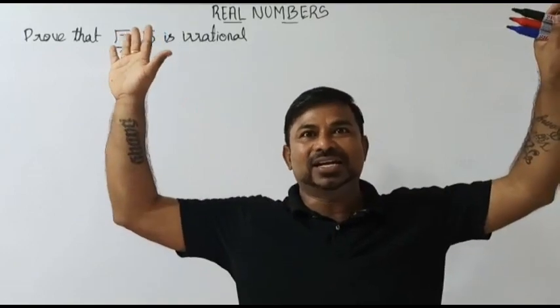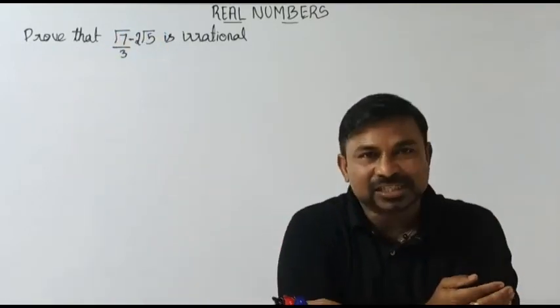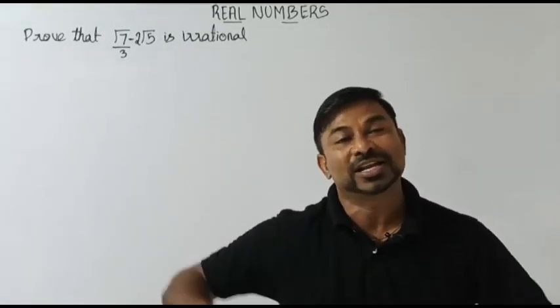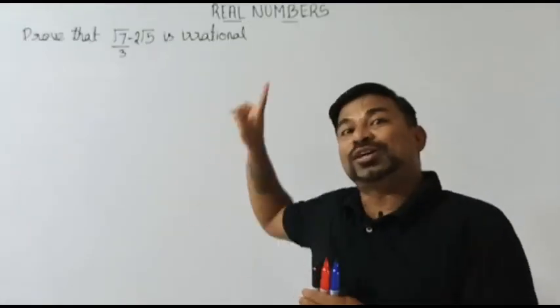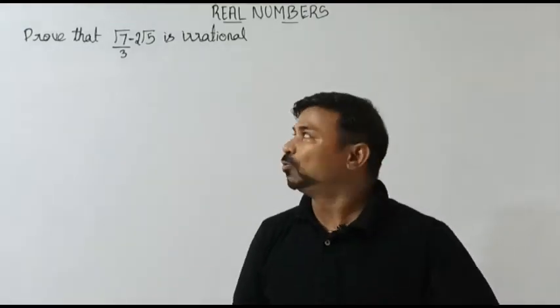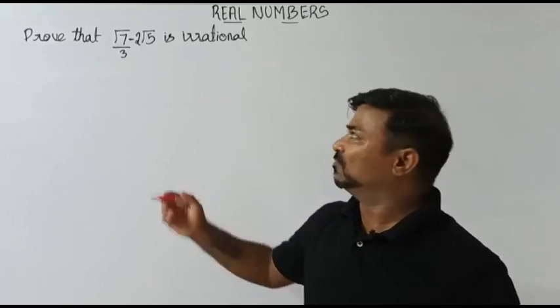Then we accept our assumption as wrong, and say that what we assumed is wrong and what was asked is right. That is the way of proving by the contradiction method. Let's prove it for you: prove that so and so is an irrational number. So let's start the sum.